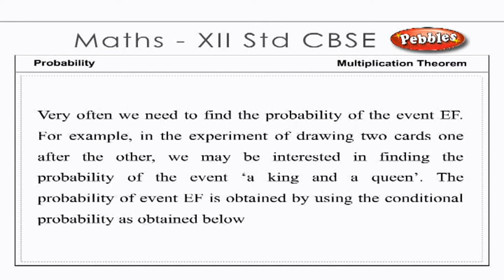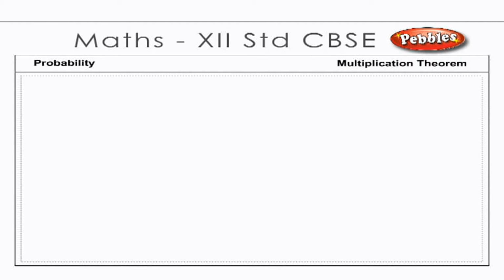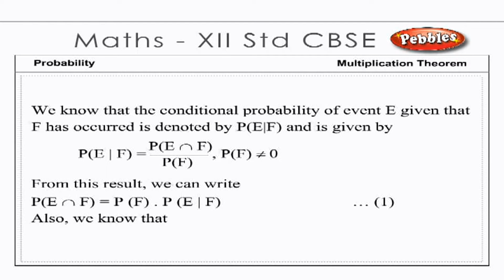The probability of event EF is obtained by using the conditional probability as obtained below. Multiplication theorem on probability. We know that the conditional probability of the event E given that F has occurred is denoted by P(E|F) and is given by P(E|F) equal to P(E intersection F) by P(F), P(F) not equal to 0.